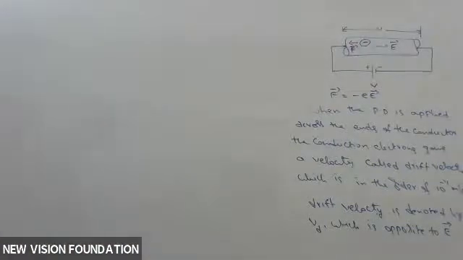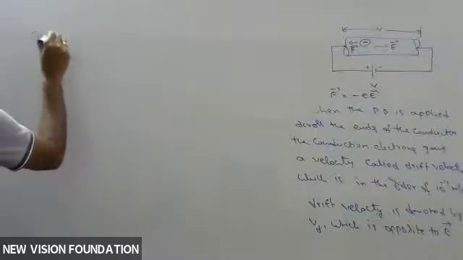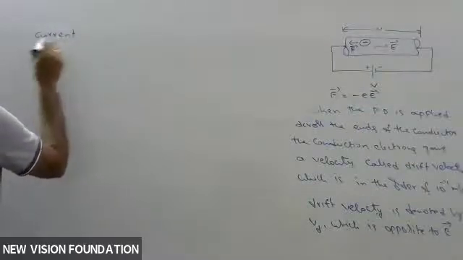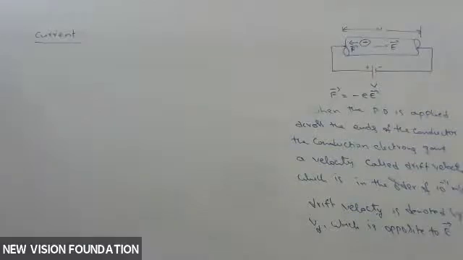Now, the definition of electric current. So, due to the movement of charge through an imaginary cross section in a conductor, net charge is said to be flowing through that cross section, and that is nothing but current.